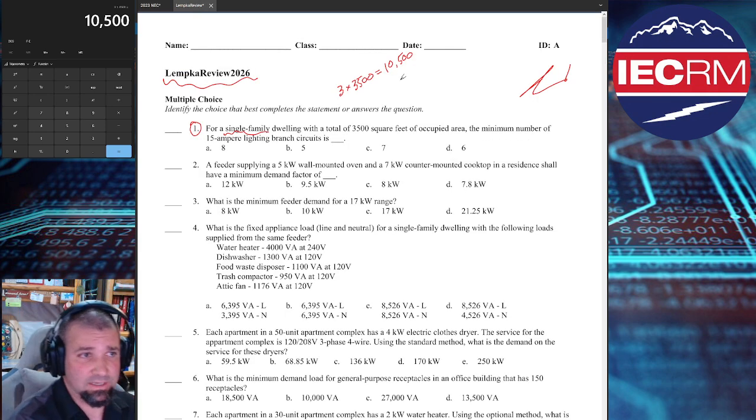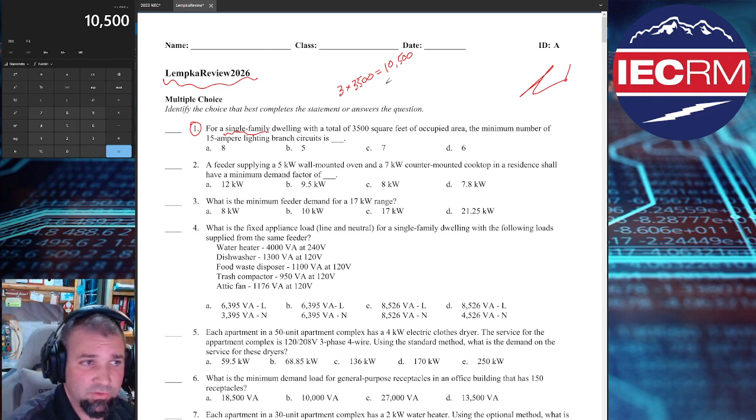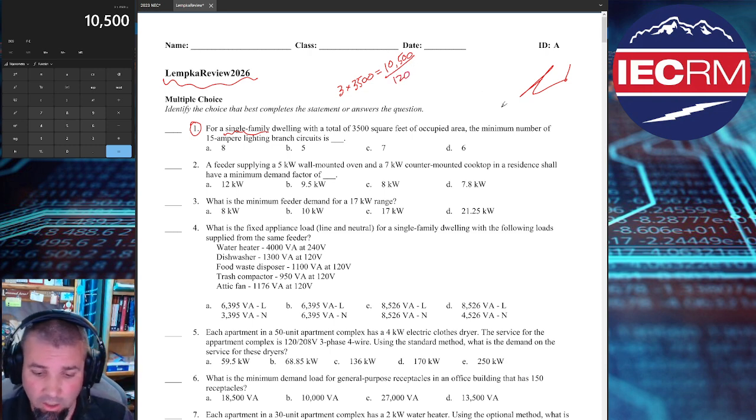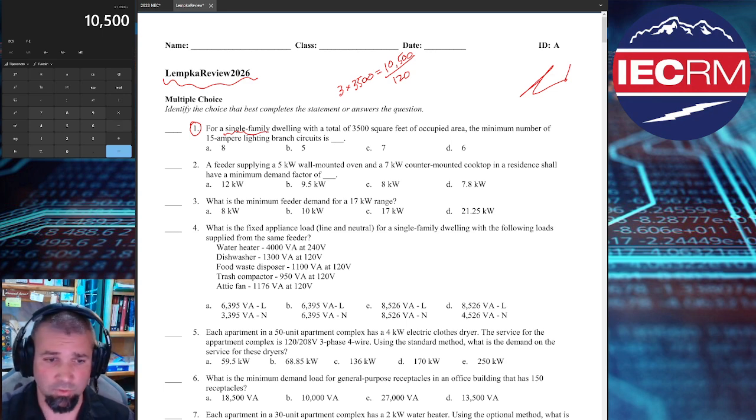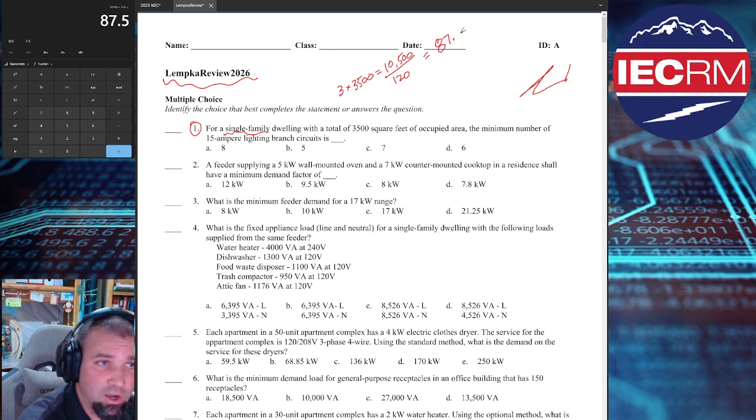Okay, so I'm going to take that 10,500 that I calculated right there, and I'm just going to do a little Ohm's law to it. Okay, first step, let's just divide by 120 so we can get the number of amps we need. Now remember, this is going to be a rough calculation just to get us the idea of how many circuits we should be putting in for general lighting.